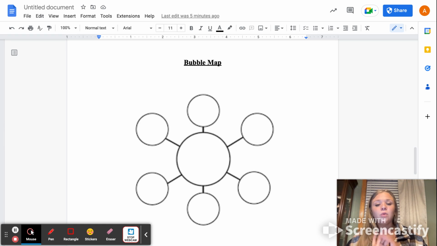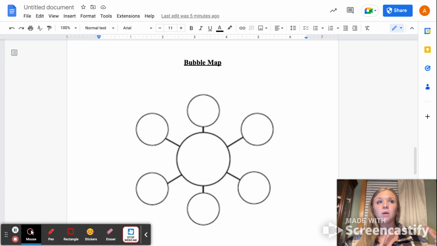And then, I just find this very helpful if you're learning two different things. So if you have your human body cells over here with skin cells, bone cells, fat cells, you have them all listed. And then you could have another bubble map over here with muscles.